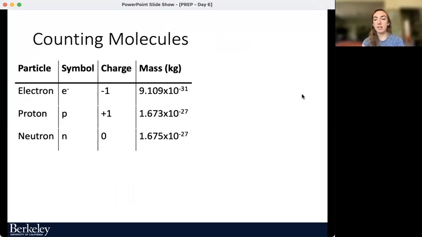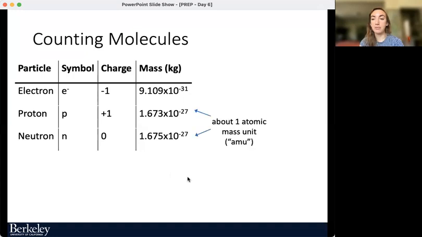So when we're talking about counting molecules or units that are relevant for molecules, I just want to remind you, this is a table that I showed, I don't remember on what day, but when we were talking about subatomic particles. So we have electrons that have a -1 charge, protons that have a +1 charge, and neutrons that are neutral.